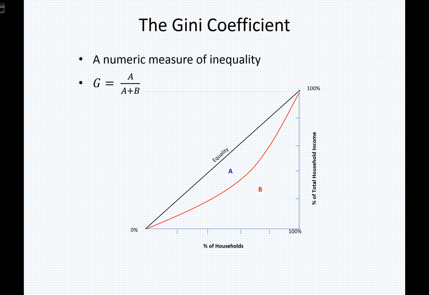So Gini suggested that if we create a value for the area above the Lorenz curve and below the line of equality, and we call that area A, and then we also take and create an area below the Lorenz curve and above the axes, so between the curve and its axes, and call that area B, we can create a coefficient which is A divided by A plus B. And that value then will tell us something about income inequality.